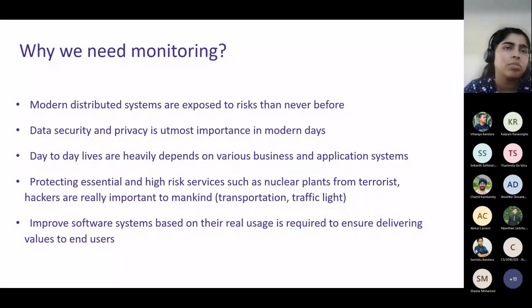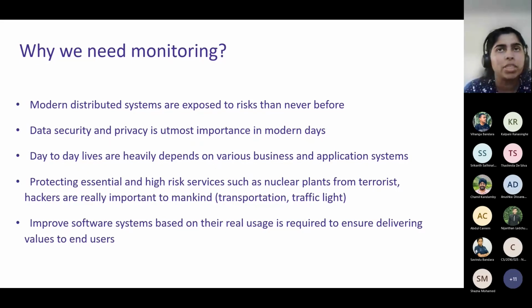And when it comes to normal day-to-day systems, we need to ensure how users behave with these systems, what type of activities they do using these systems, and what type of service is provided to the users.